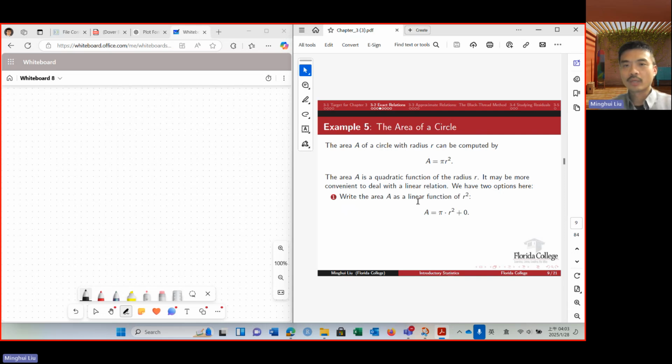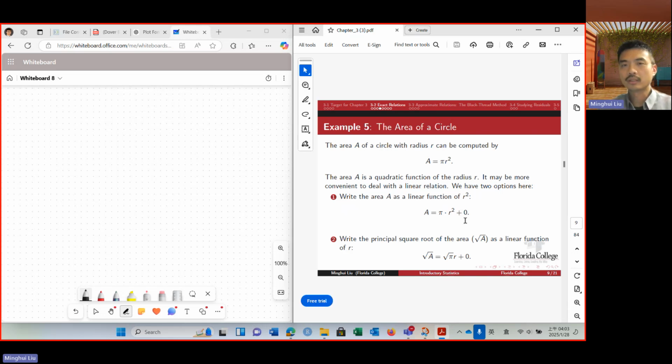Number one, we can define the area as a linear function of r squared. Basically, consider this r squared as another variable. You can call it big R if you like. So A equals the slope pi times the big R plus 0.